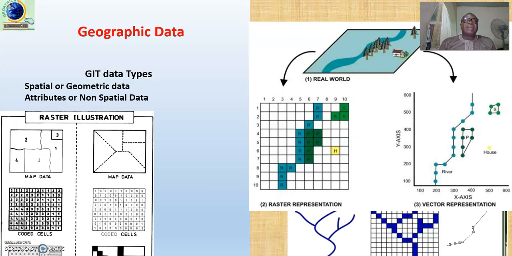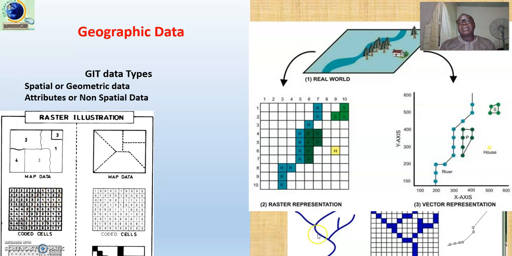Now we have the geographic data, which we call spatial data or geometric data. The data can be represented in raster format or in vector format. The raster format is in the form of cells or picture elements, represented as digital numbers. Digital numbers, gray values, or pixel values are the codes used to represent features on the earth surface.